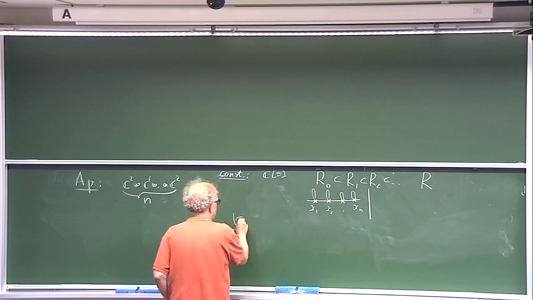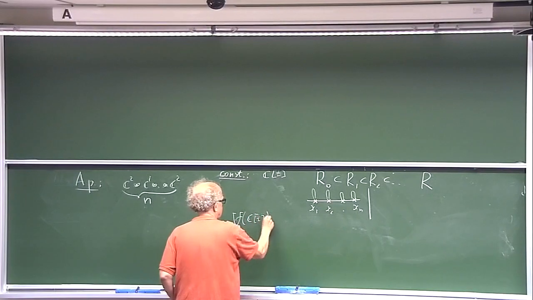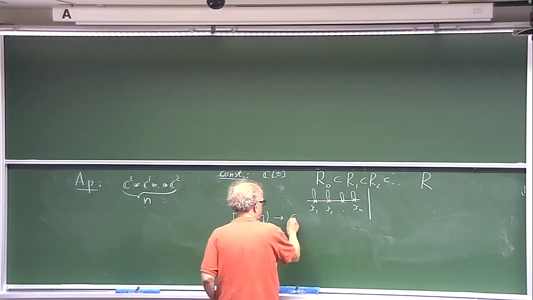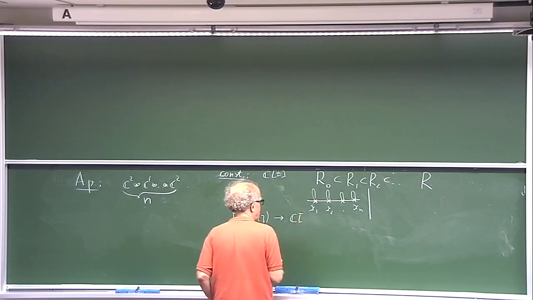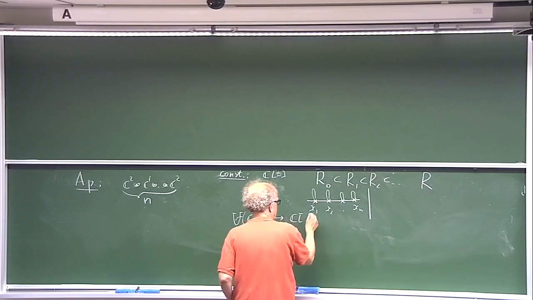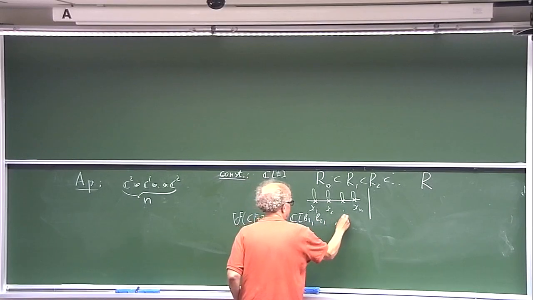I have the universal enveloping algebra of CT. Then here I have a map to polynomials in some generators. Maybe these generators let us denote by B1, B2, and so on, Bn.